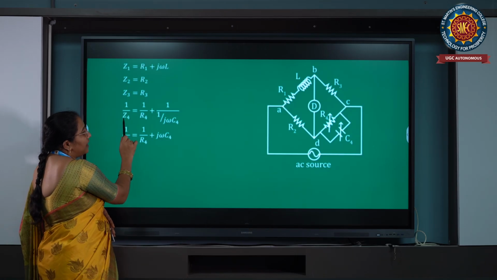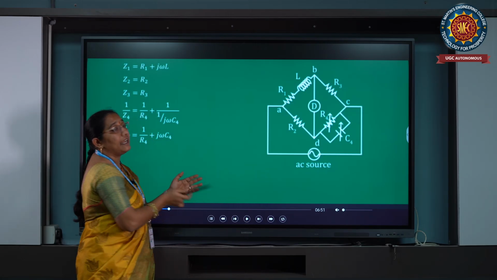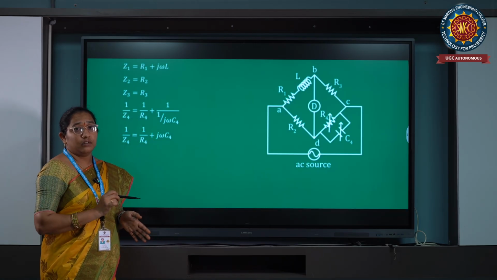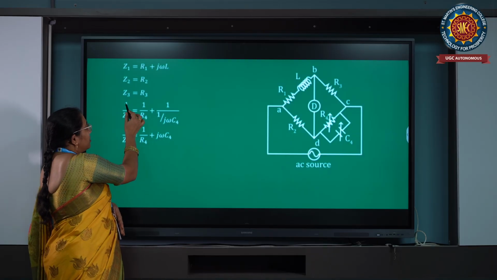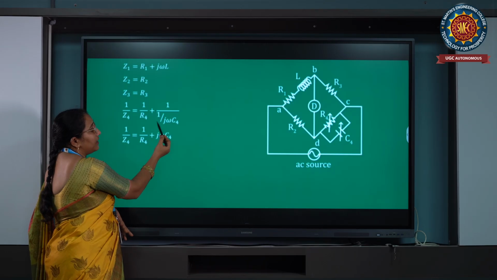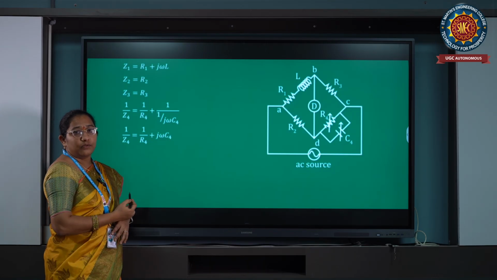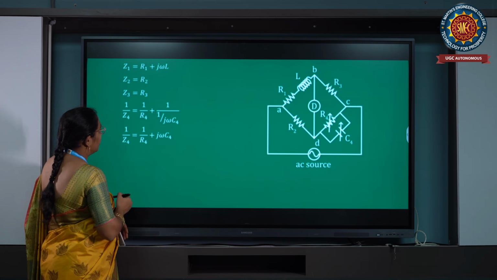For Z4, the resistor and capacitor are in parallel connection, so 1 by Z4 equals 1 by R4 plus 1 by j omega C4.